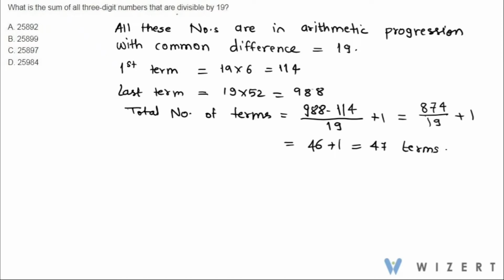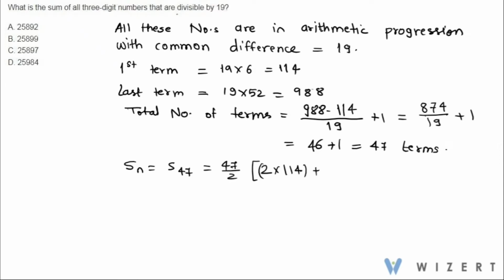Now to find the sum of all these terms, we have the formula for sum Sn, S47 equal to 47 by 2 into 2 times a, where our a here is 114, so 2 times 114 plus n minus 1 multiplied by the common difference.